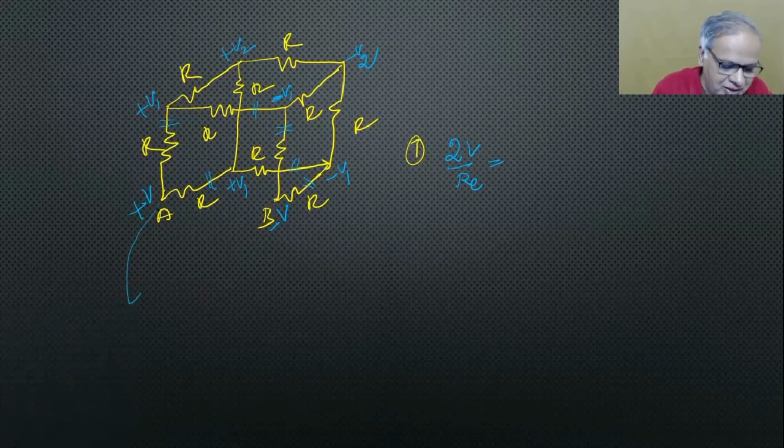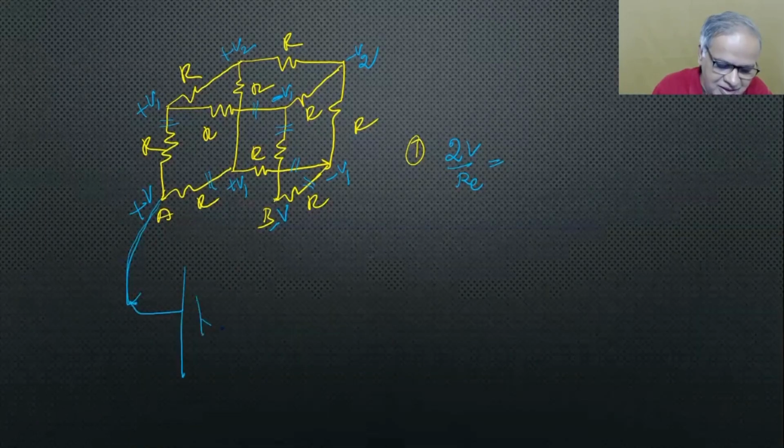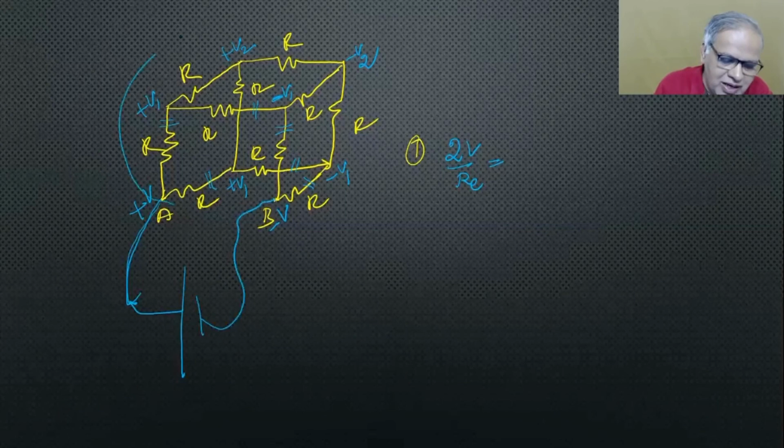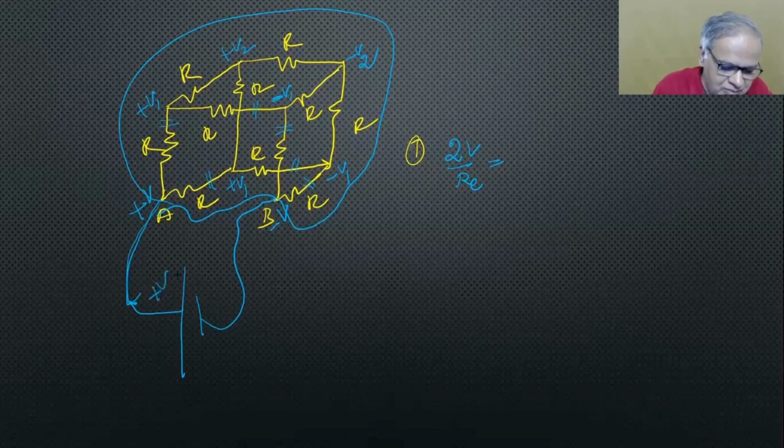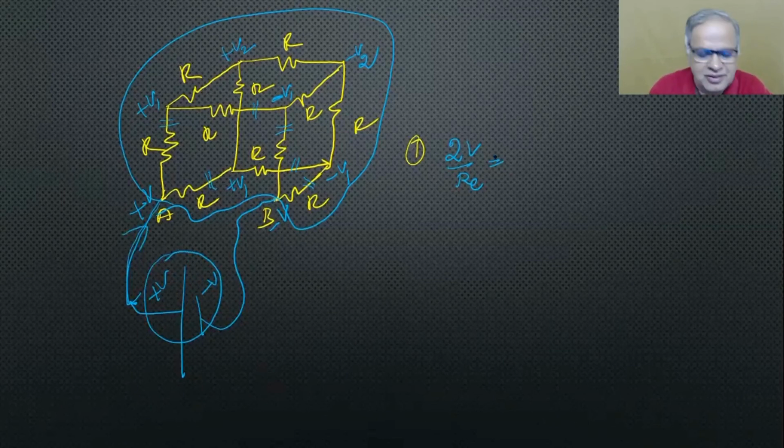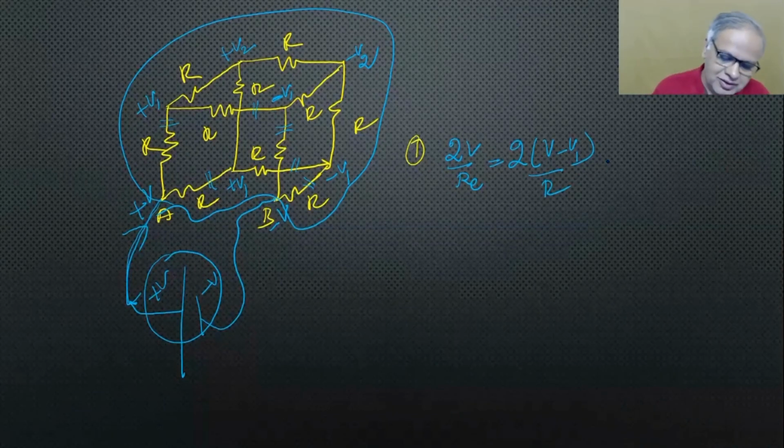We put a battery here, so all this is one R effective. So plus V minus V is the potential difference, and that by R effective is the only current entering here. Next time when you write, you won't take this one. You'll only write 2 into V minus V1 by R. The second term in the first equation you wrote in the previous problem won't be there here. The second equation will be the same.